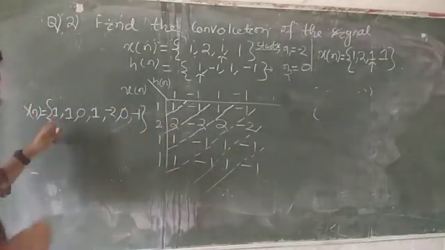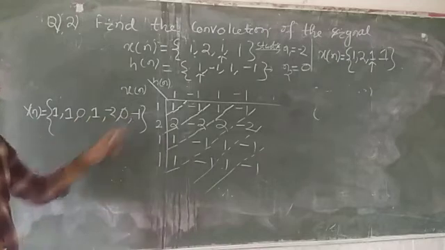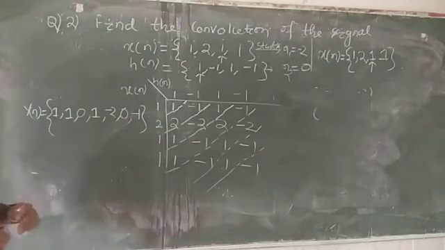So you can see here 1, 2, 3, 4, 5, 6 and 7 number of samples your output will consist of.